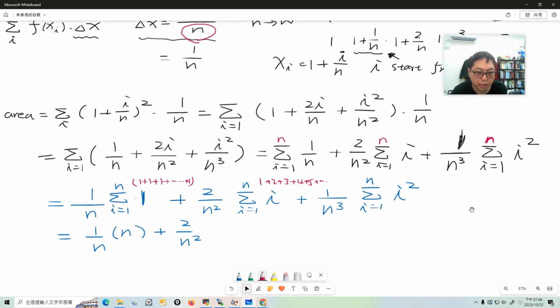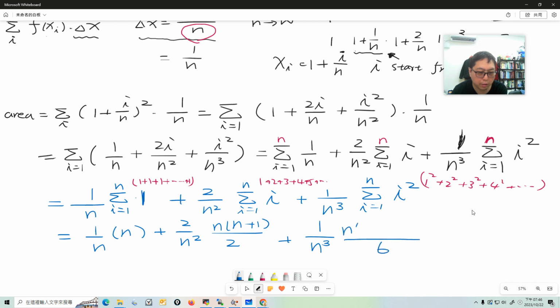And the final one is 1 squared plus 2 squared plus 3 squared plus 4 squared, and so on. Remember the answer? You can check your high school notes. So this will be n times n plus 1 over 2, and this is 6n times n plus 1 times 2n plus 1. Is this correct?